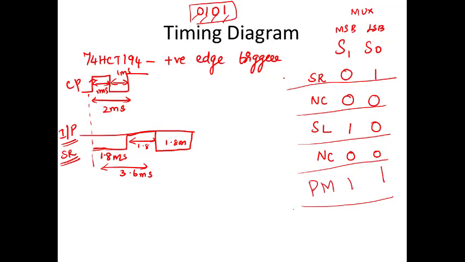I will take it in terms of input itself. So 1.8 into 8, I need 14.4 milliseconds for getting my total output, in terms of input. In terms of clock pulse, I need 2 into 8, 16 milliseconds.